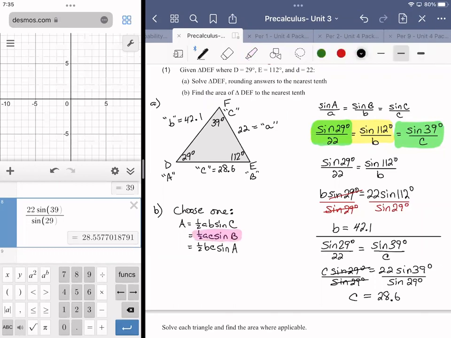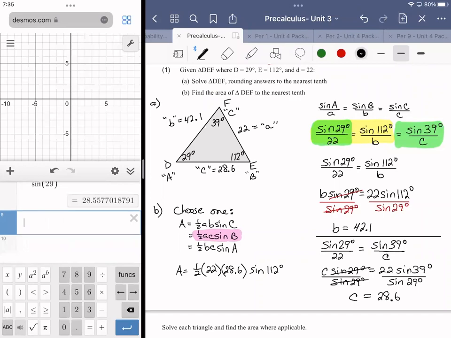So area would be equal to 1/2 my A value is 22, my B value 42.1 times the sine. Oh, I'm sorry, the C value is what I said I was going to use. All right, so 28.6 times the sine of my angle B, which would be 112 degrees. All right, and that just goes right into Desmos.